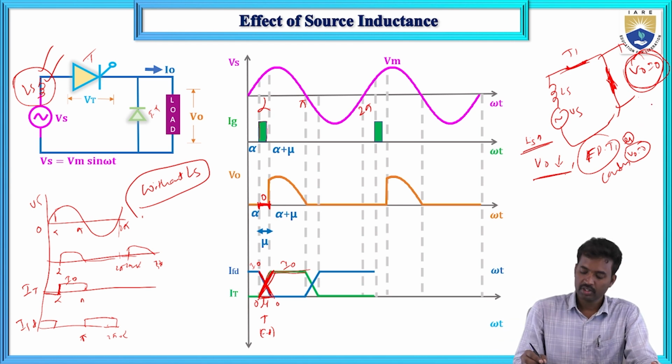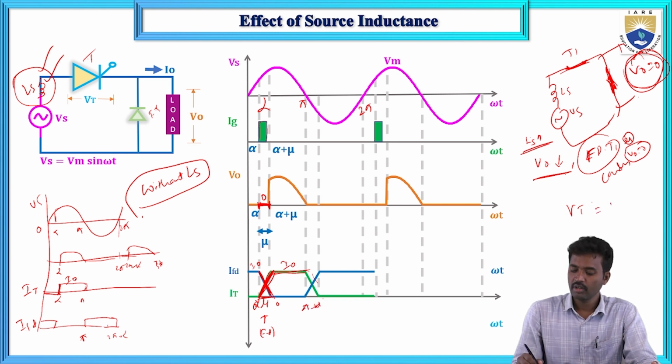will increase. The SCR is conducting from alpha to pi plus mu, so from pi plus mu minus alpha, that is pi minus alpha plus mu, is the SCR conducting time.